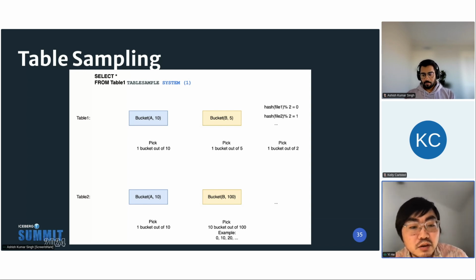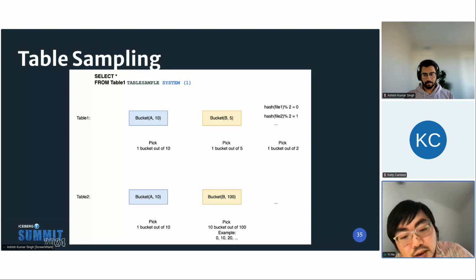For example, if we only want 1% sampling, and we have 10 buckets of column A and 5 buckets of column B, we select one bucket out of the total 50 buckets, and then we divide the files under the selected bucket into two portions and select only one portion of it.